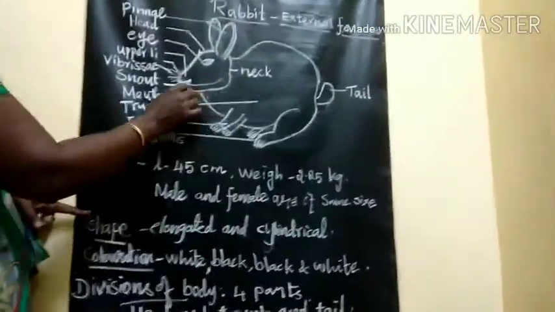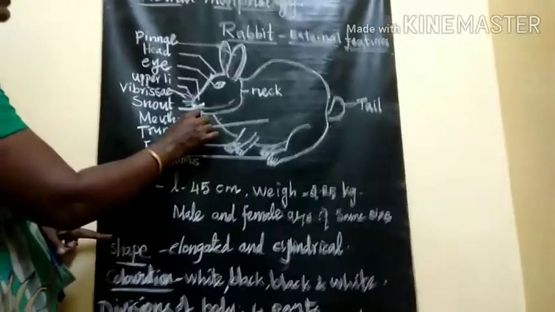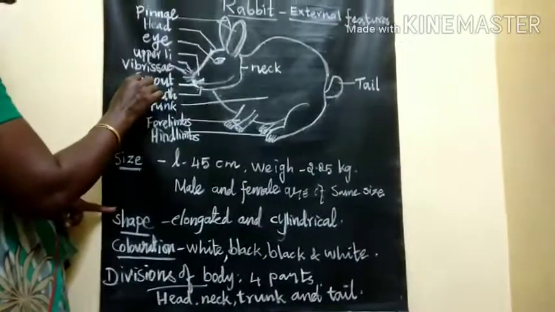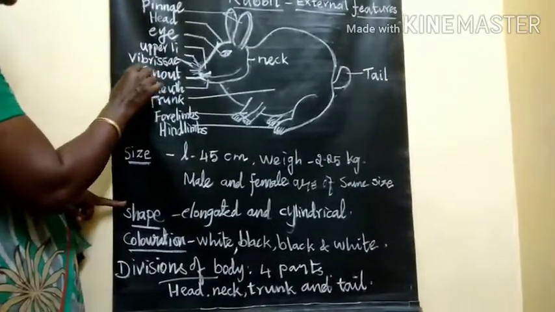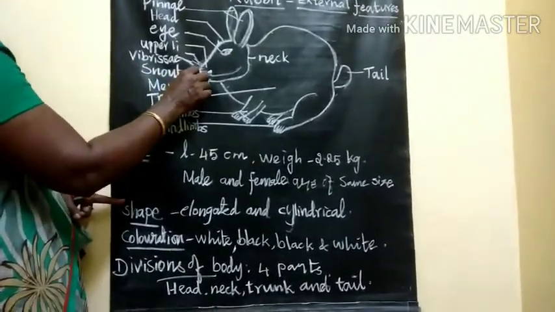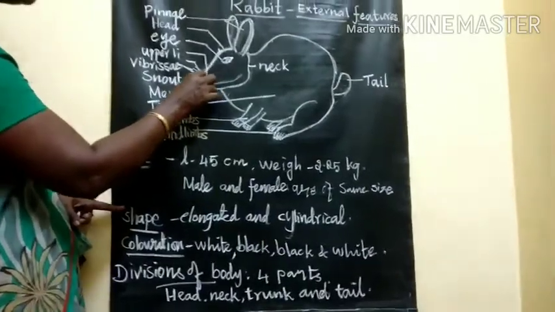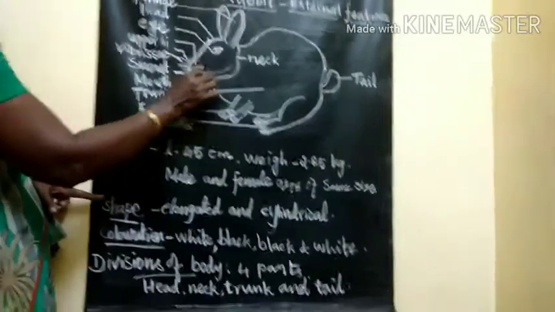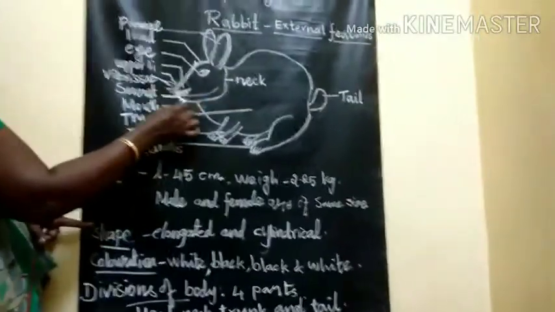First, let us learn about the head region alone. The head is provided with a truncate snout. Truncate snout means very short snout. And it bears a transverse slit called mouth. The mouth is surrounded by upper lip and the lower lip.